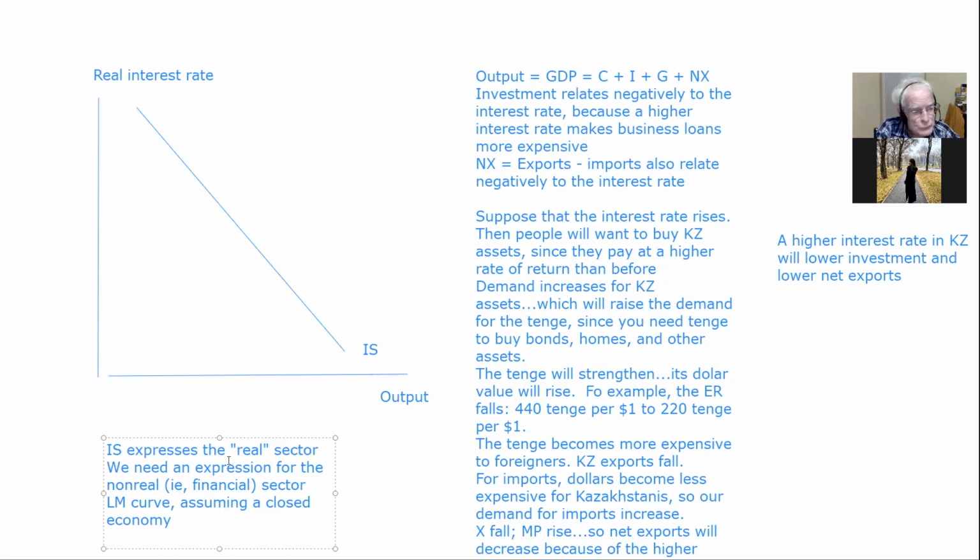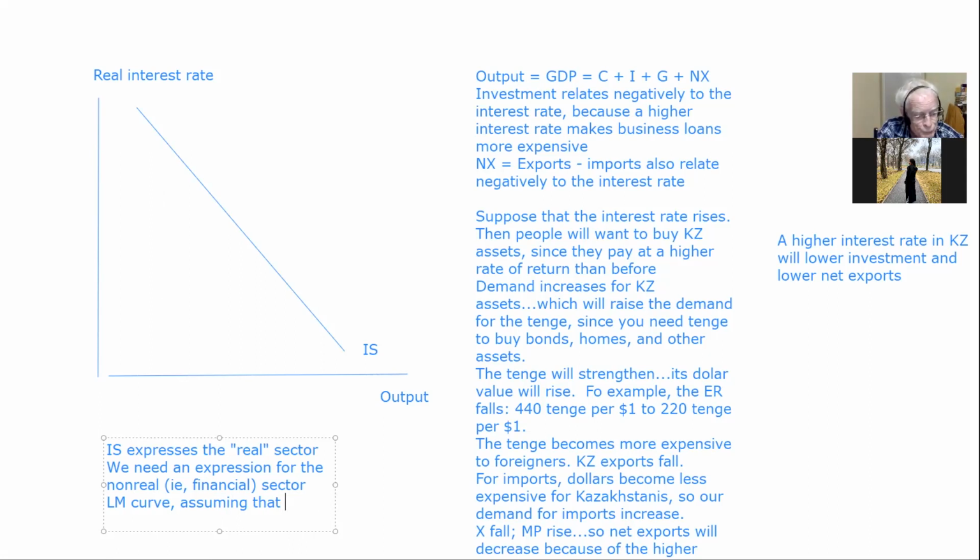Or to make this a more reasonable assumption, let's assume that purchases and sales of the tenge are occurring in Kazakhstan.